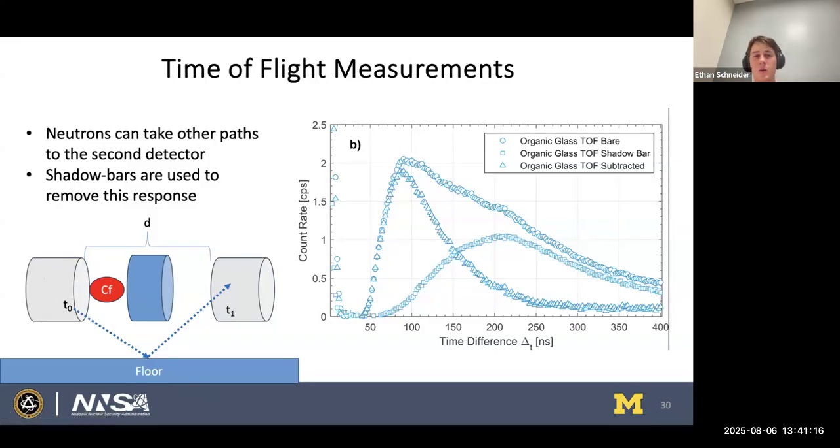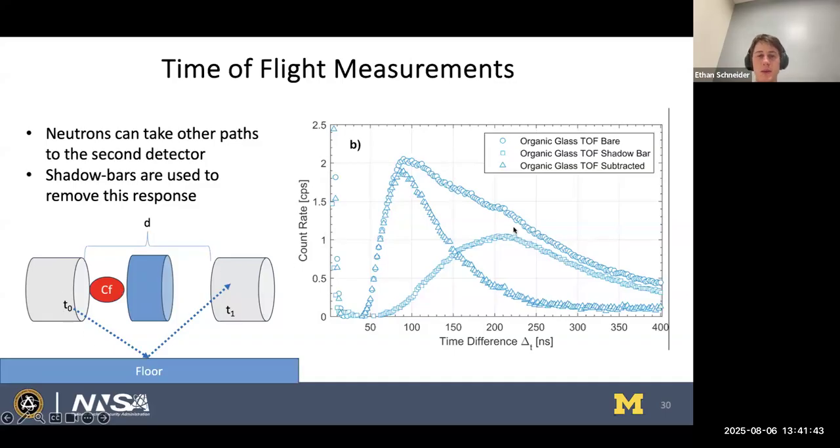We can minimize this in a number of ways. For one, we can have the setup far off the floor and far away from our walls to minimize these counts, but we'll always get some number of neutrons scattering this different way. And we can quantify this effect by putting a polyethylene bar, which will essentially slow down the neutrons that are going straight, and we'll get rid of those counts, and we only see the counts from the scatters.